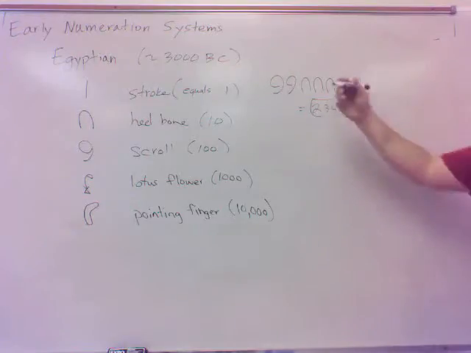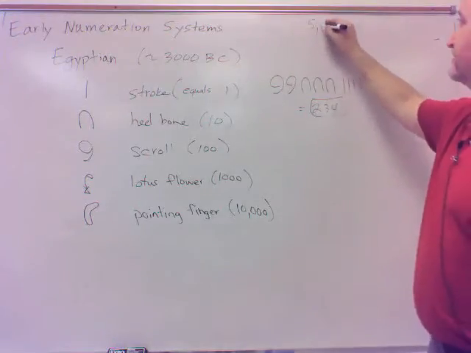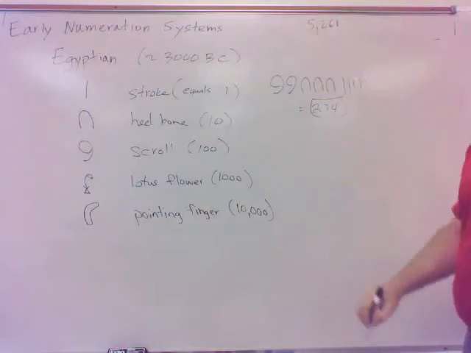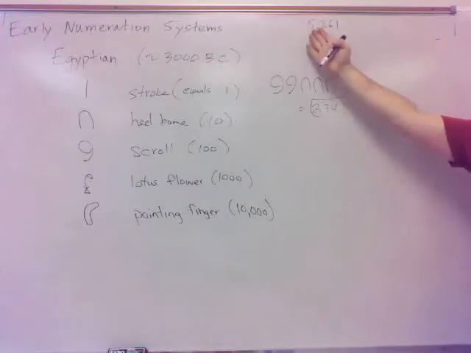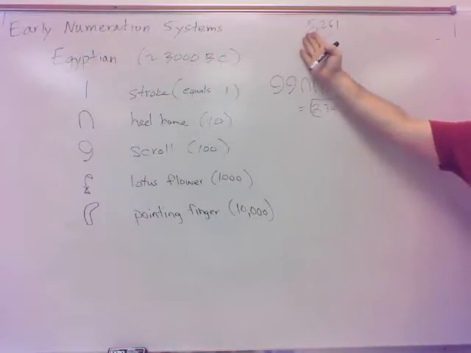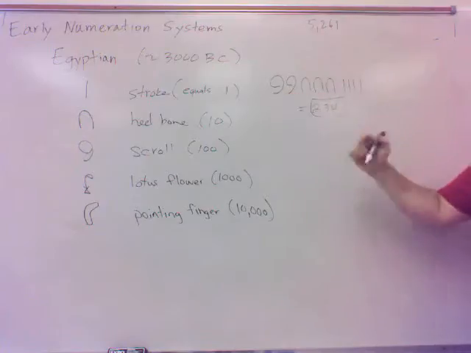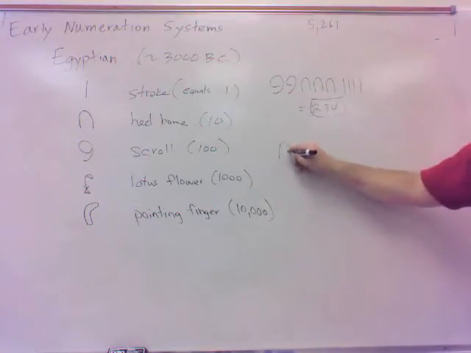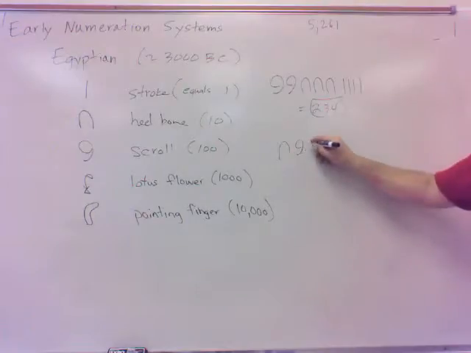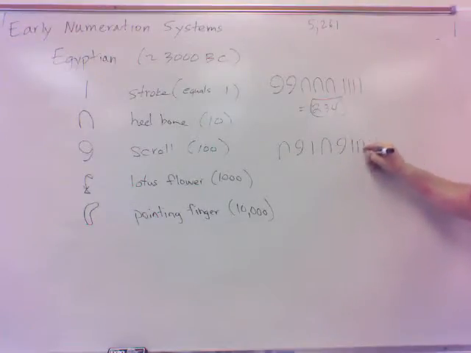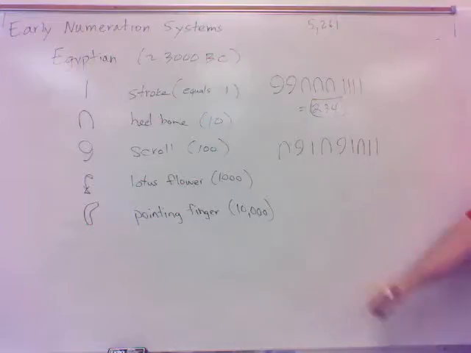Like in our numbers, if I say 5,261, yeah, that's 5, but it means more than 5, doesn't it? It means 5,000 because it's in the thousands place. Well, they didn't have that. This being here didn't mean anything different than, yeah, what would this one be? How much would that be?